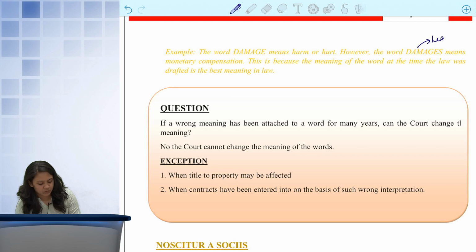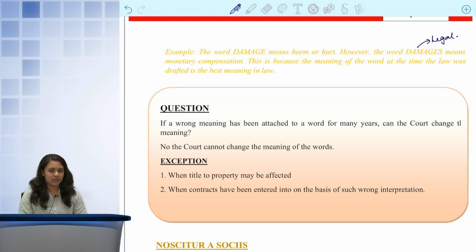That is, only in a court of law will they say, I will award you damages, or I will grant you monetary compensation, because the meaning of the word damages at the time the civil procedure was drafted meant monetary compensation, and hence that is the strongest position in law, or that is the best meaning in law that we are meant to take. So let's come back to the meaning.